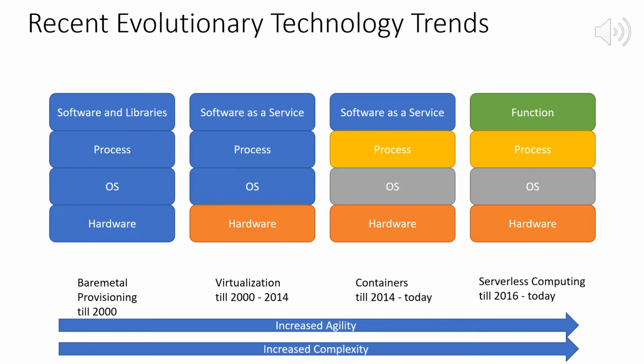We started out with bare metal provisioning until about 2000, where the cloud was not an issue at that time. We see that the hardware, the operating system, processes, and software and libraries are all conducted on one single hardware platform.